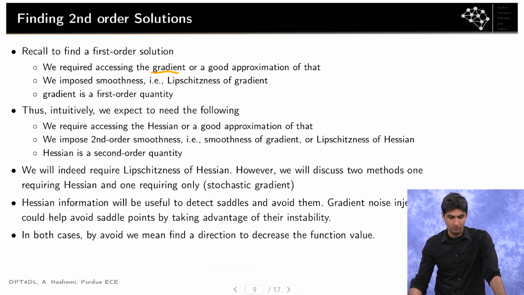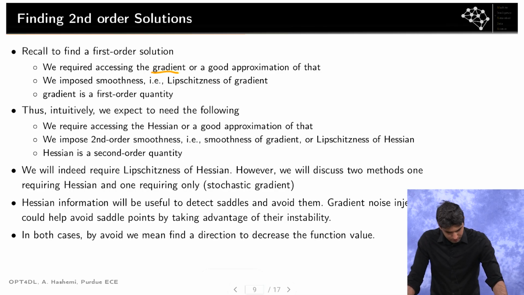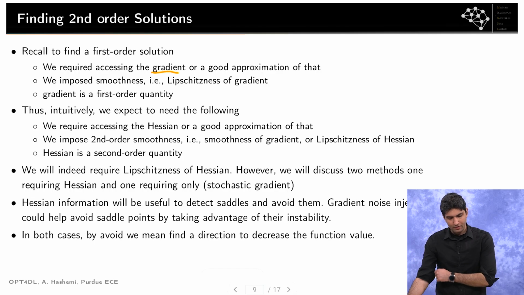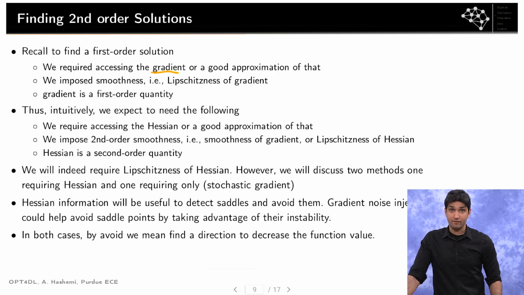We required good access to the gradient, and also that the gradient is well conditioned, meaning that it is Lipschitz. Therefore, intuitively, we might expect that we also need some requirement on the second order information, namely the Hessian, if we are interested in second order solutions.